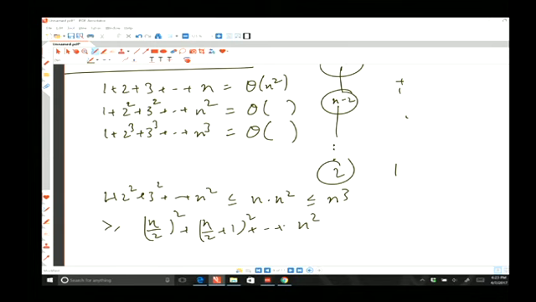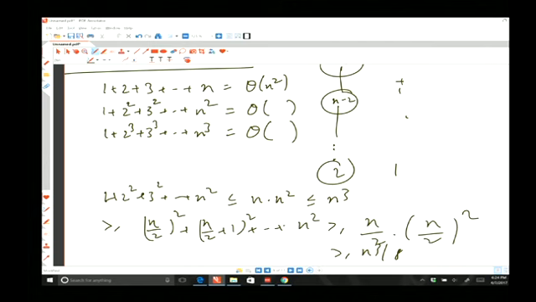I'm ignoring 1 to n over 2. I have n terms here, I'm ignoring half of them. So this is greater than n over 2 times n over 2 square. Each of these terms is bigger than this, and there are n over 2 of them, so this is greater than n cube over 8.